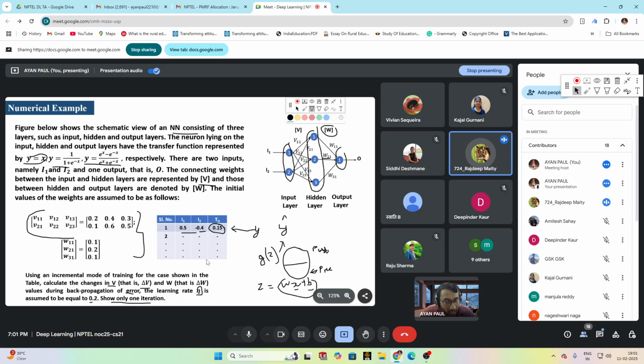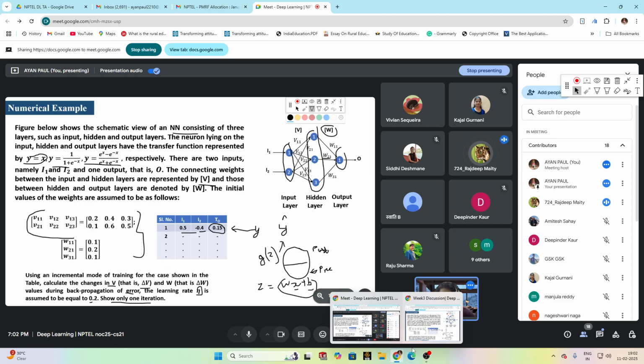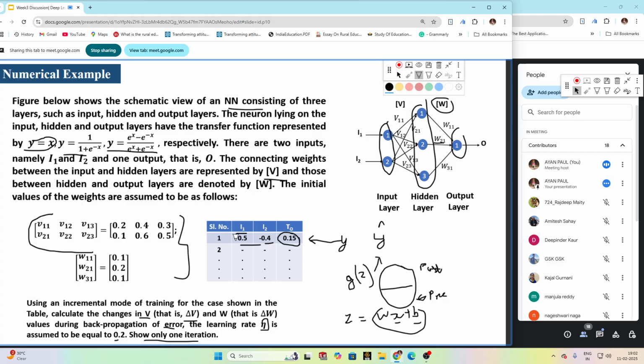Sir, what we have to find, just explain that part, like using an incremental mode of training. For that, we have to find these weights after one iteration. The given table, serial number 1 and so on, is the input given in the first iteration.